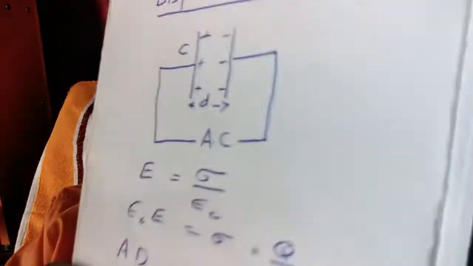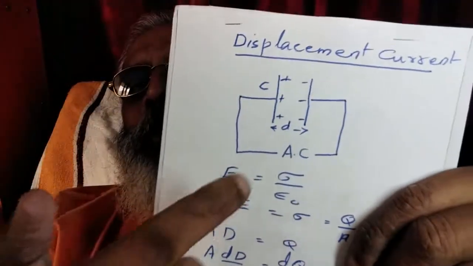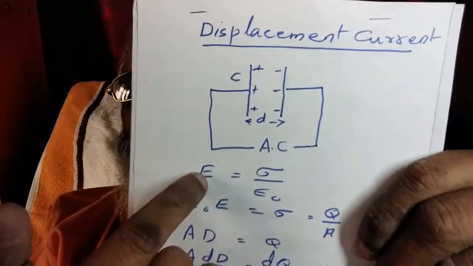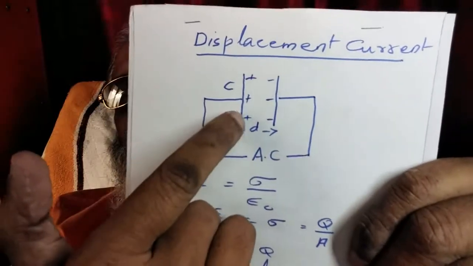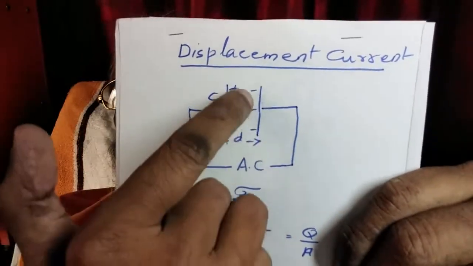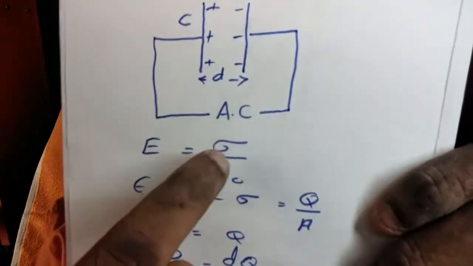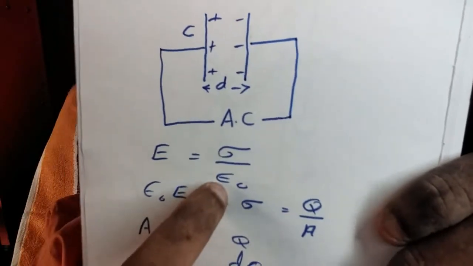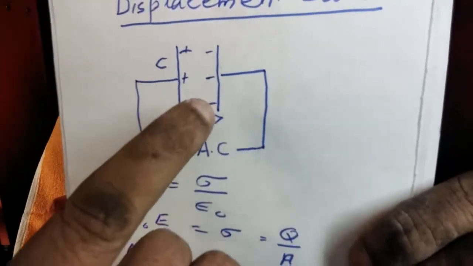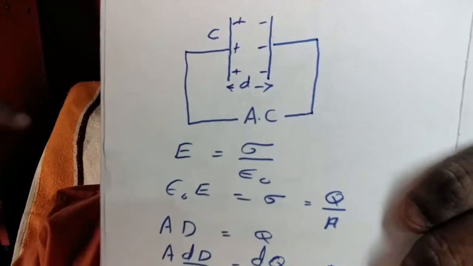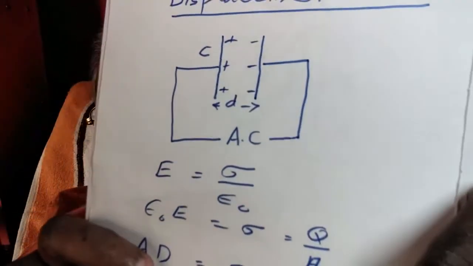Why? We know that the electric field intensity in between the plates of a parallel plate capacitor is sigma by epsilon zero, where the core is assumed to be vacuum or free space.